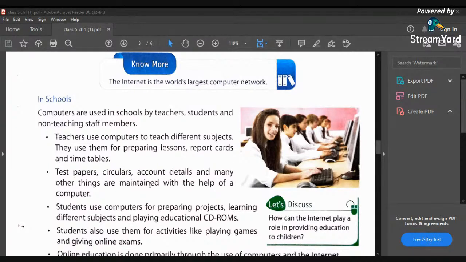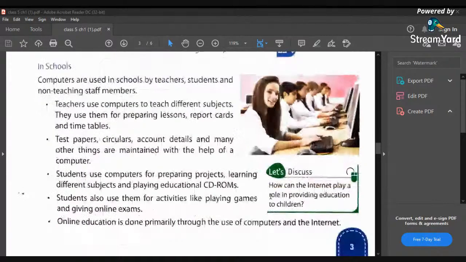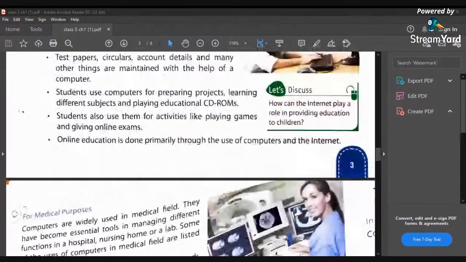And students use the computer for preparing projects, learning different subjects, and playing educational CDs.